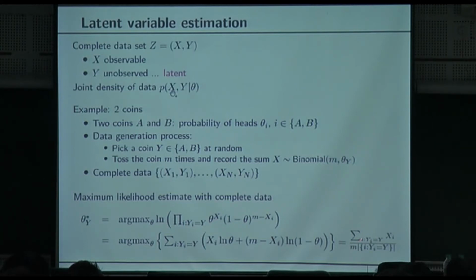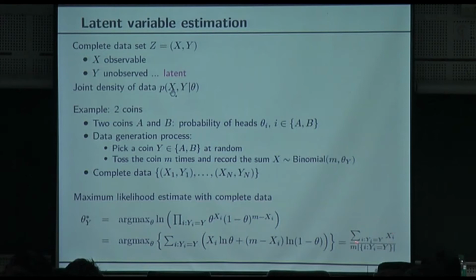It's the sum over all i's where yi is equal to y of xi. This is just counting the number of heads. This is the number of experiments that had yi equal to y, divided by m, which is the number of coin tosses that happen. So this looks a little bit more complicated, but the only thing that I'm doing is each coin toss is independent. Already you told me that x1 over m would have been the estimate for one coin toss, of that particular heads probability.